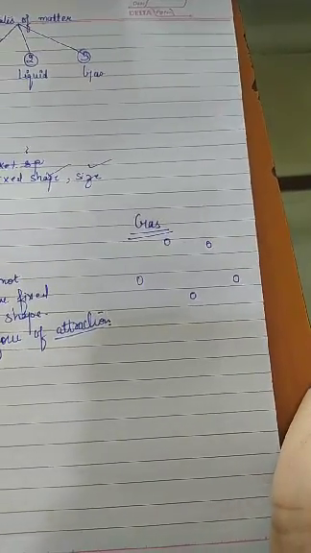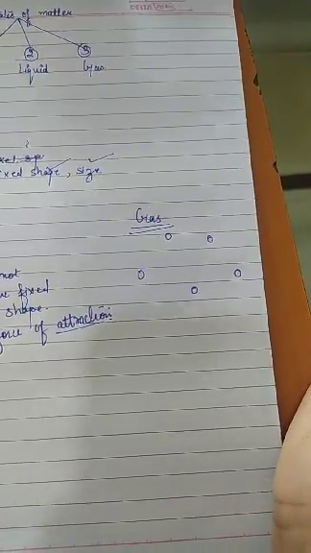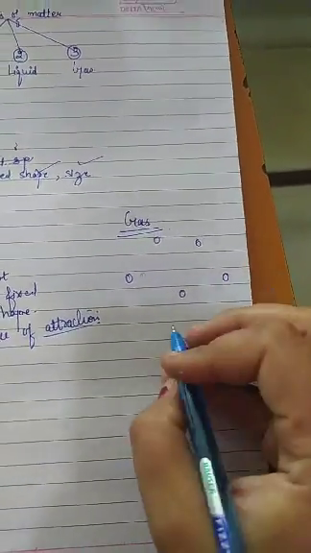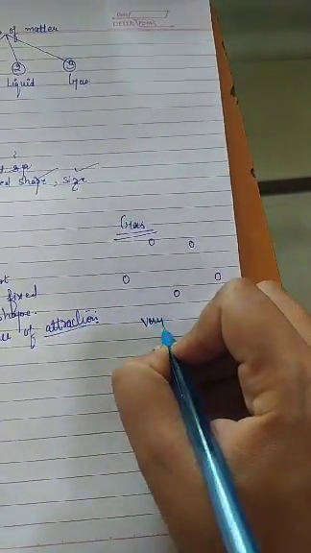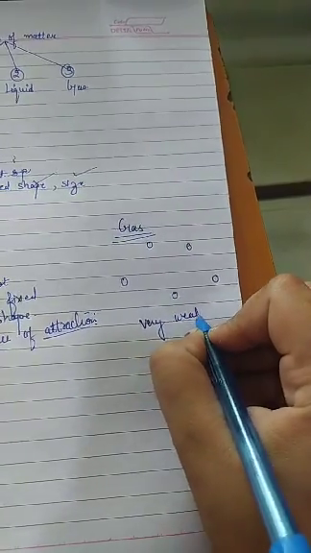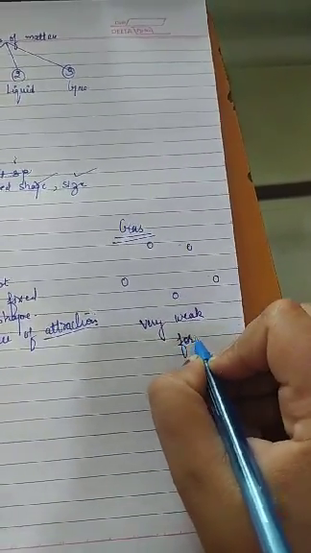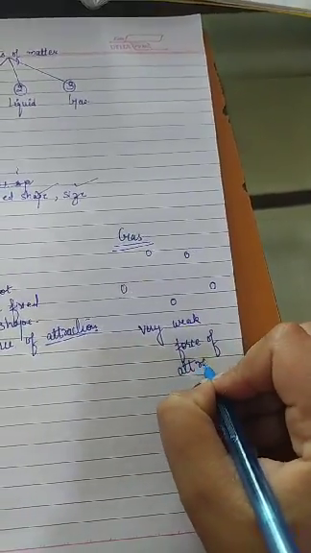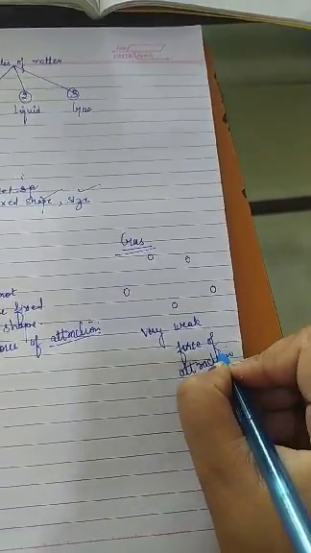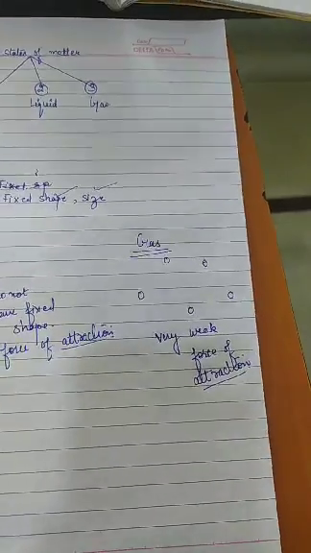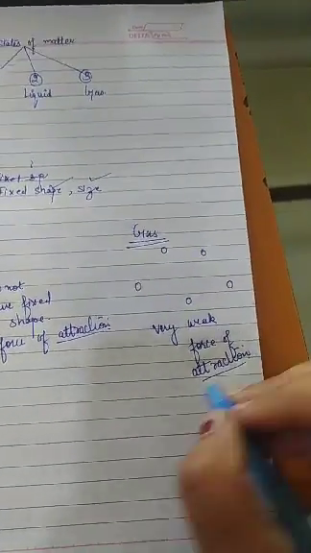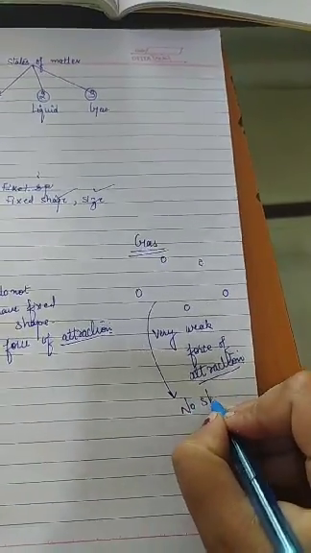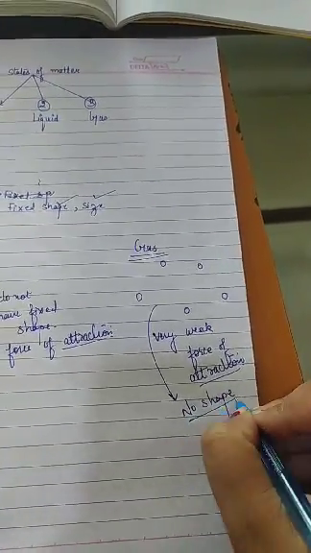Maximum gap means they do not have any force of attraction between them, or you can say very weak force of attraction. Because of this, they do not have any shape.